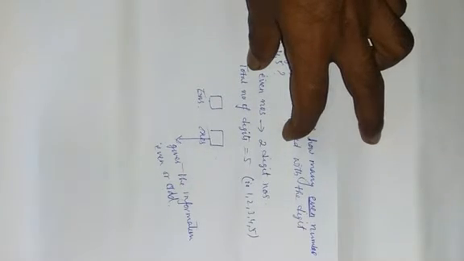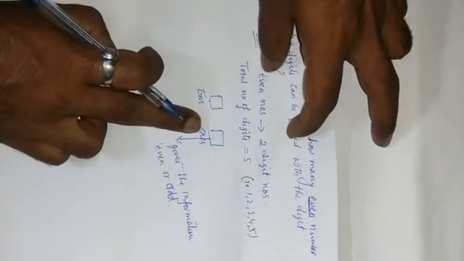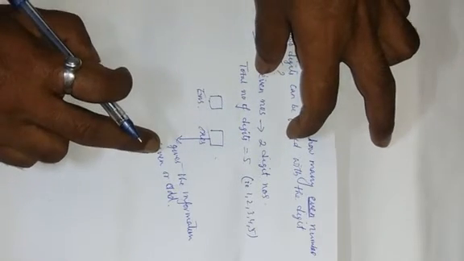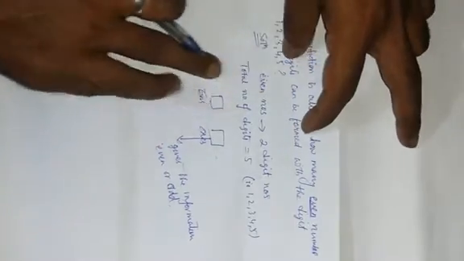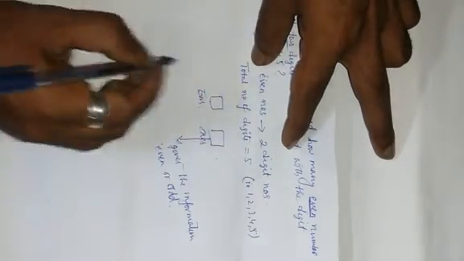Based on the ones place, we can recognize whether our number is even or odd.